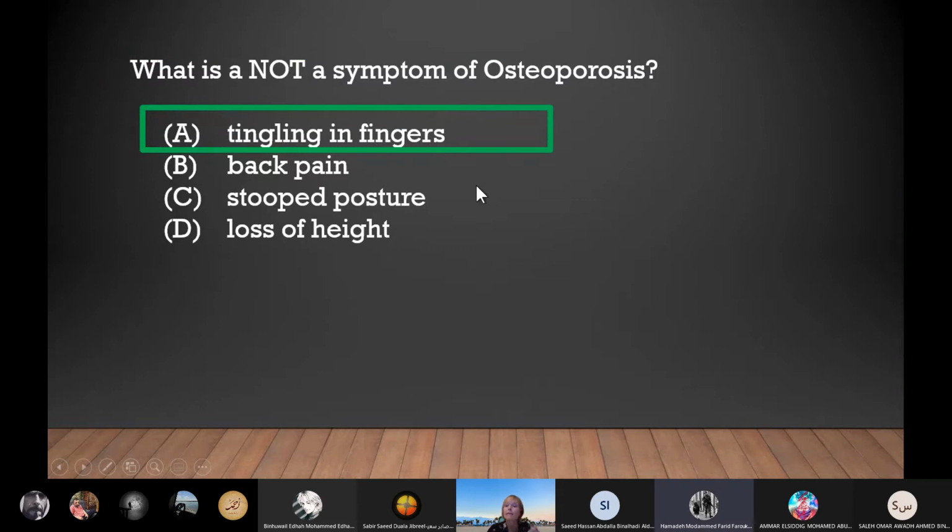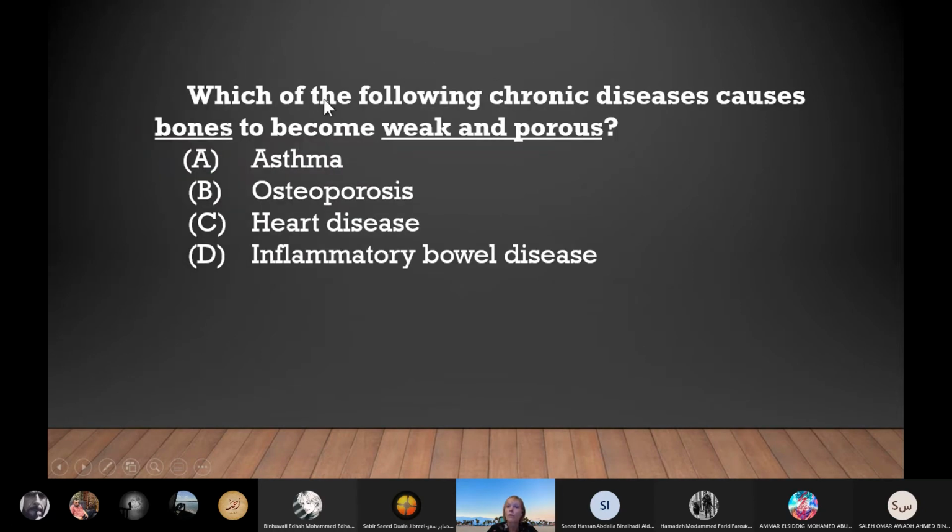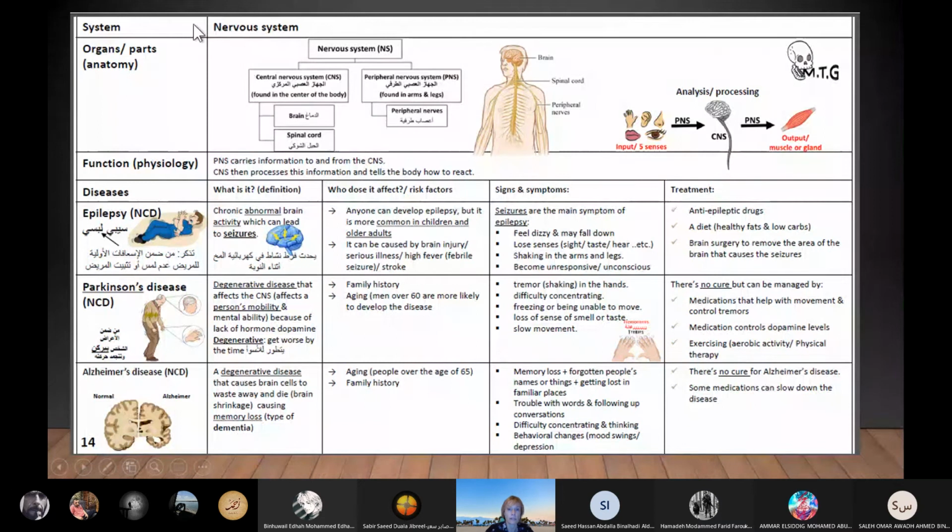Yes, we would have tingling in our fingers or a loss of feeling in our periphery, in our ability to walk and so on. That's right. And then which of the following chronic diseases causes bones to become weak and porous? Osteoporosis. That's right. So it's just worded a little bit differently, but a lot of these questions are the same.